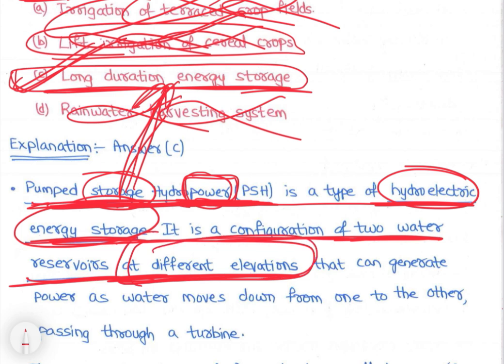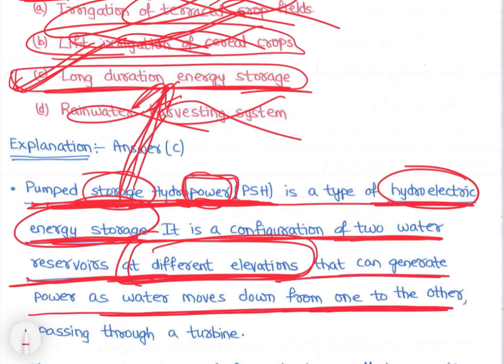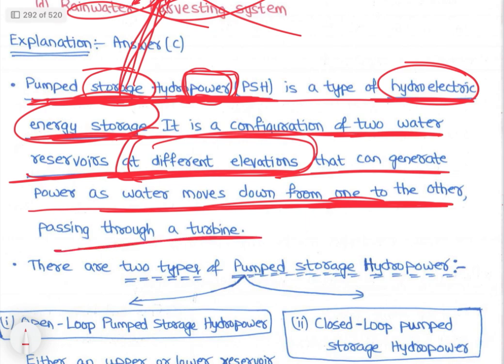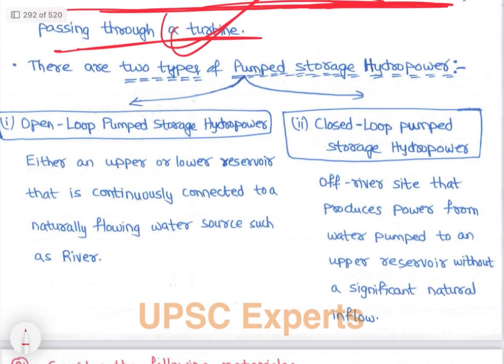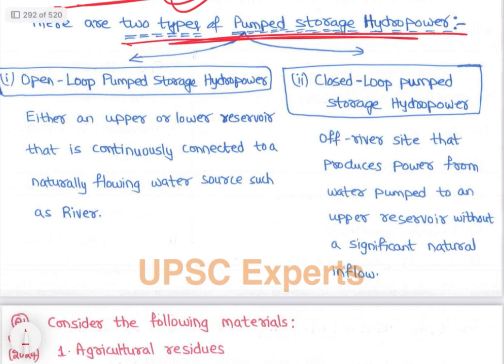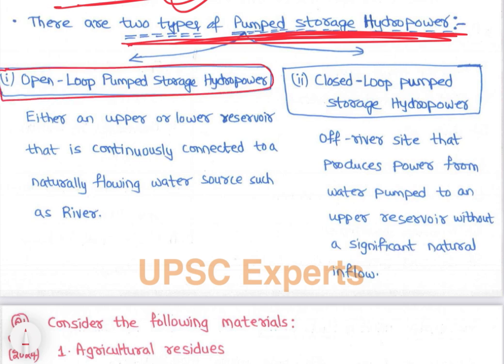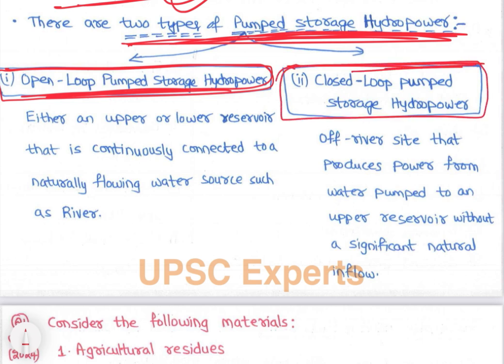The greater the difference in elevation, the better. That can generate power as water moves down from one to the other, passing through a turbine. There are two types of pumped storage hydropower, that is open loop pumped storage hydropower and closed loop pumped storage hydropower.